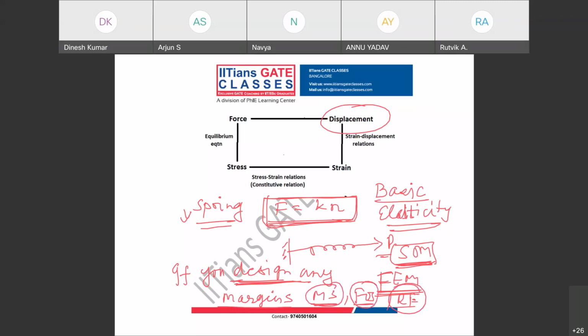So the whole and final goal is to find, for every component of your design, what is your margin of safety under the given loads, or what is your factor of safety or reserve factor. Clear? Yes, sir. So in a broader way, you always find margins and you publish those margins in certification.